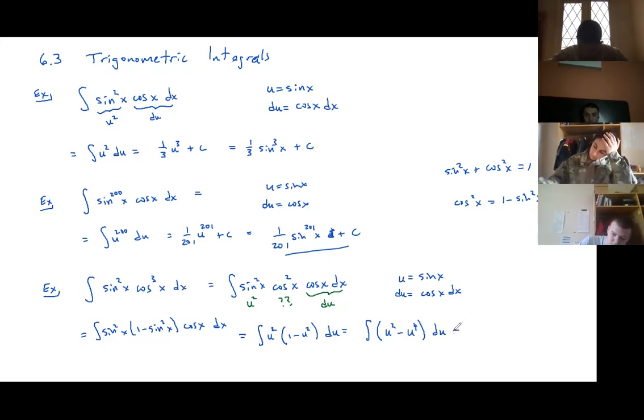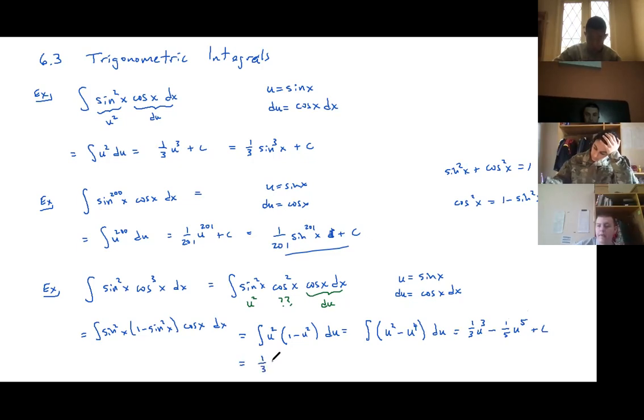Antiderivative of u squared is 1/3 u cubed minus antiderivative of u to the fourth, 1/5 u to the fifth, plus C, and then do a final substitution.